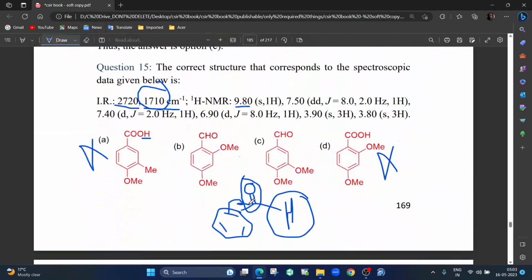So when it pumps electrons to it through plus R effect, this C double bond O bond becomes weaker. It gets single bond character. So when the bond becomes weaker, stretching frequency will reduce, so it will come around 1710, right? Carboxylic acid actually shows, I'm not very sure where it shows. It comes much higher if I remember very well.